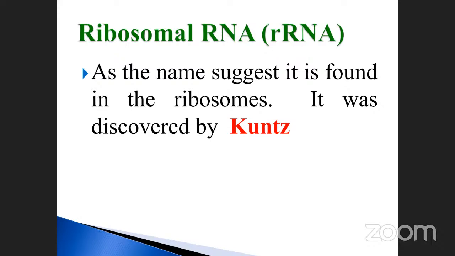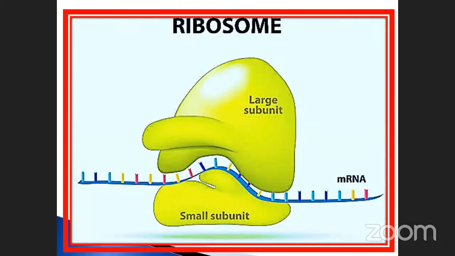Don't forget, take notes, my dear. So see that structure. This is the ribosomal RNA. This linear structure is called mRNA. The ribosome is also called a protein factory, protein synthesizing factory, or factory of protein biosynthesis.